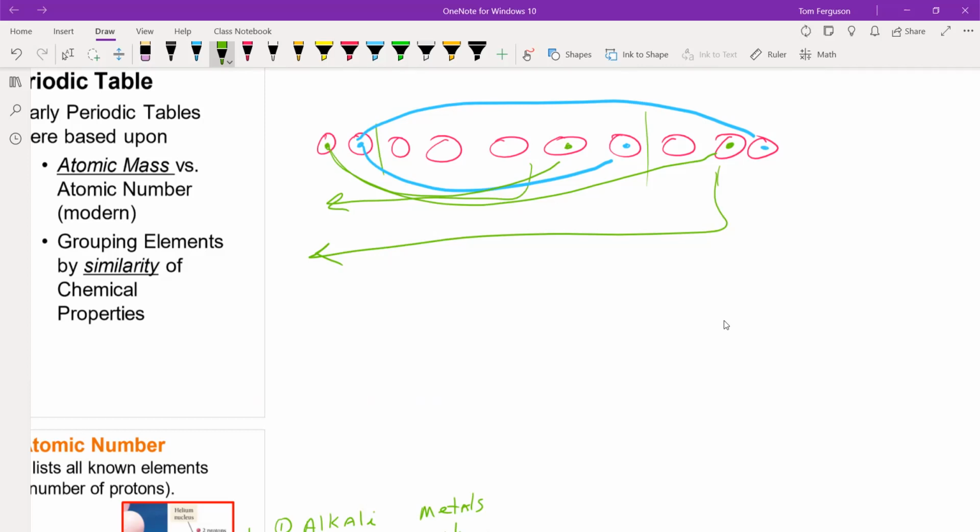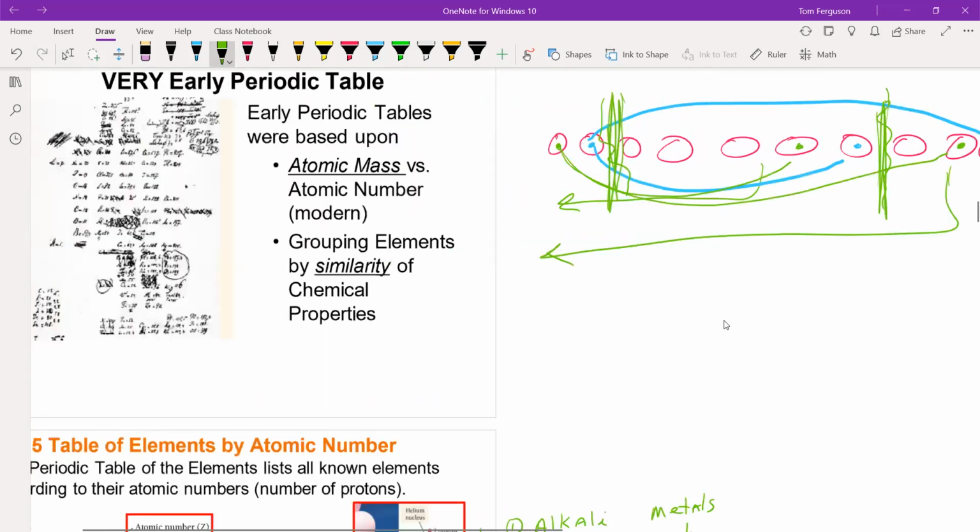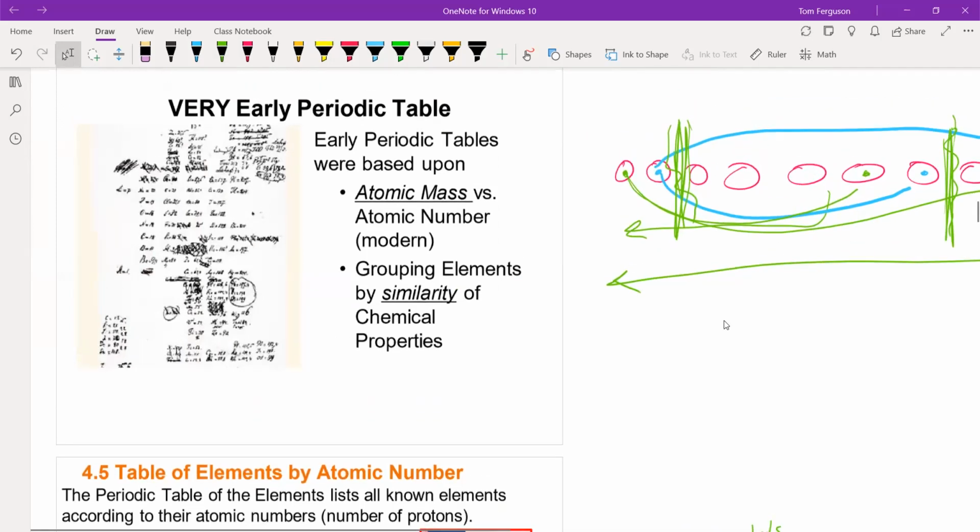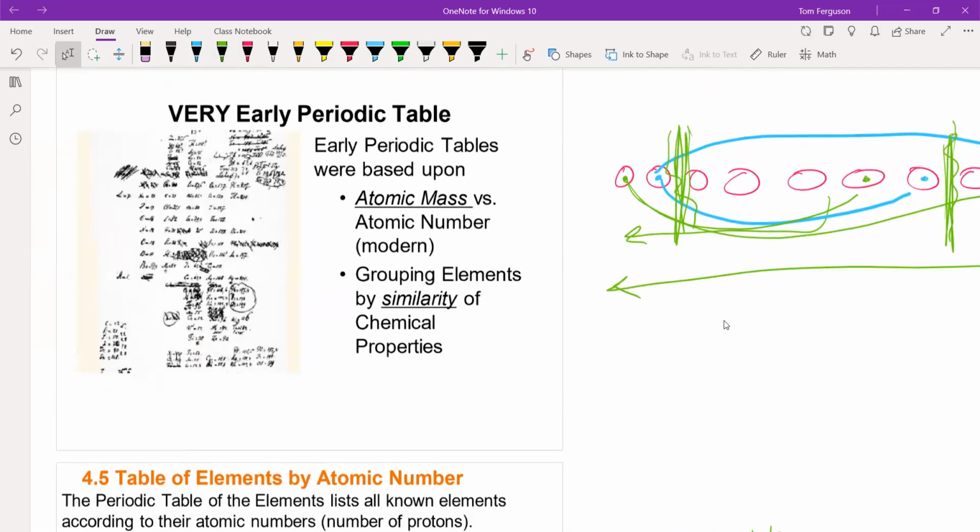So what he did, he went from a one-dimensional train-like model to a two-dimensional model. So what he did is he chopped it off there, and then brought these all together into a two-dimensional table rather than a one-dimensional table.